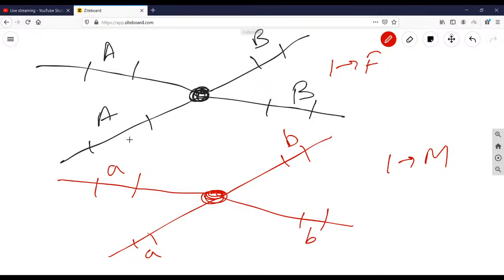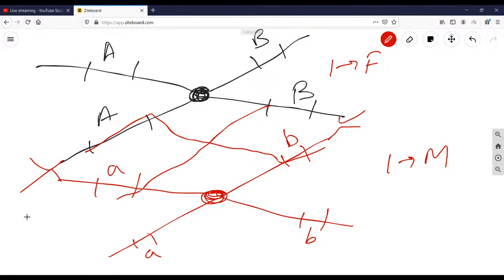Now crossing over means you will have chiasmata formation like this, and then you will go for crossing over events, meaning exchange of chromosomal arms. So this can cross over with this one, and this can cross over with this one. This is known as crossing over. After crossing over, what do you expect to see?